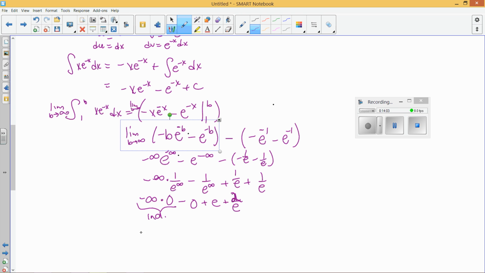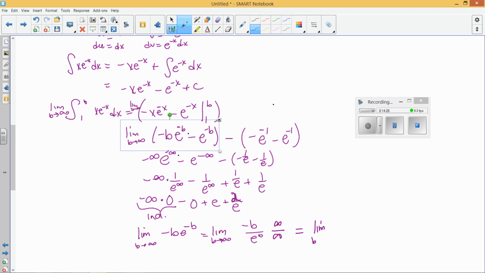So now I have to remember that I'm taking the limit as b approaches infinity of negative b e to the negative b, which is the same as the limit as b approaches infinity of negative b over e to the b. And let's see, as b goes to infinity, that's infinity over infinity. So now I can do L'Hopital.